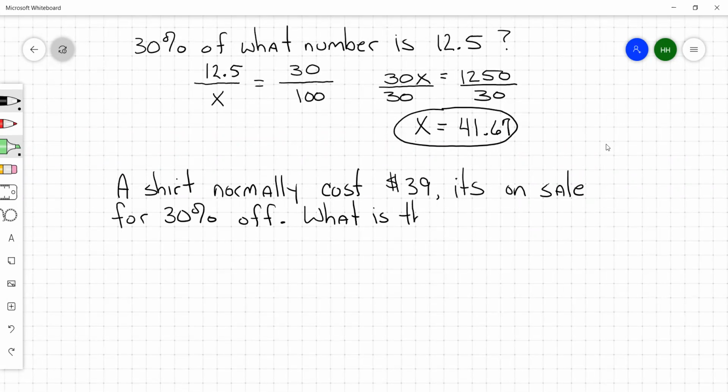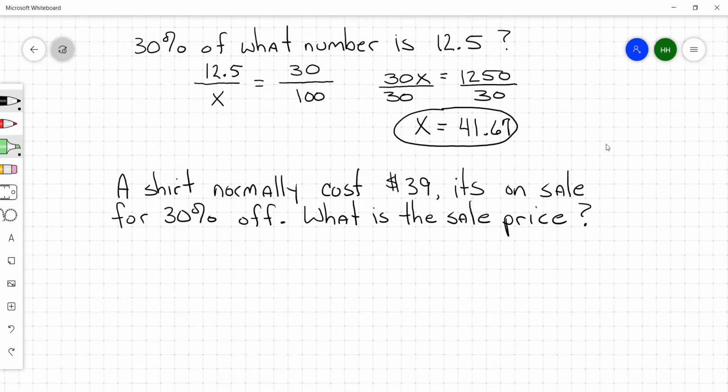What is the sale price? This is a two-step problem. First you find 30% of 39, and then you subtract that from the 39.